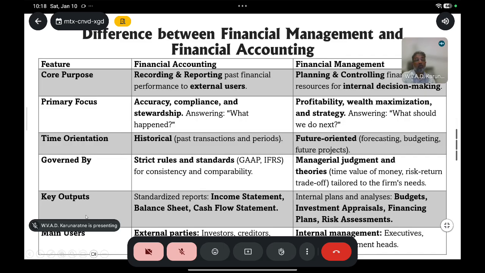The key output under financial accounting is the income statement, the statement of financial position or balance sheet, and the cash flow statement.